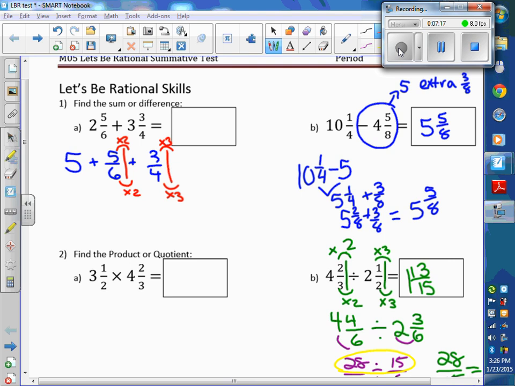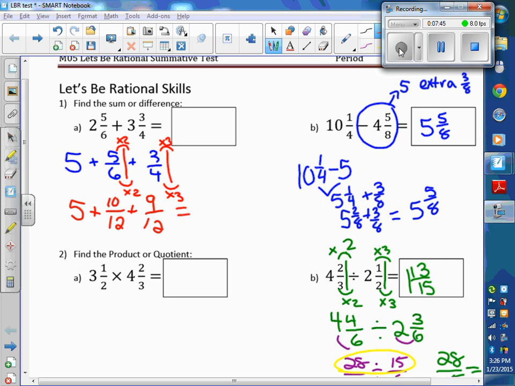So after I hit the square, I go to the back. Okay, so this gives me 5, right, Chase? Plus, how many 12ths here? 10 12ths and 9, right?